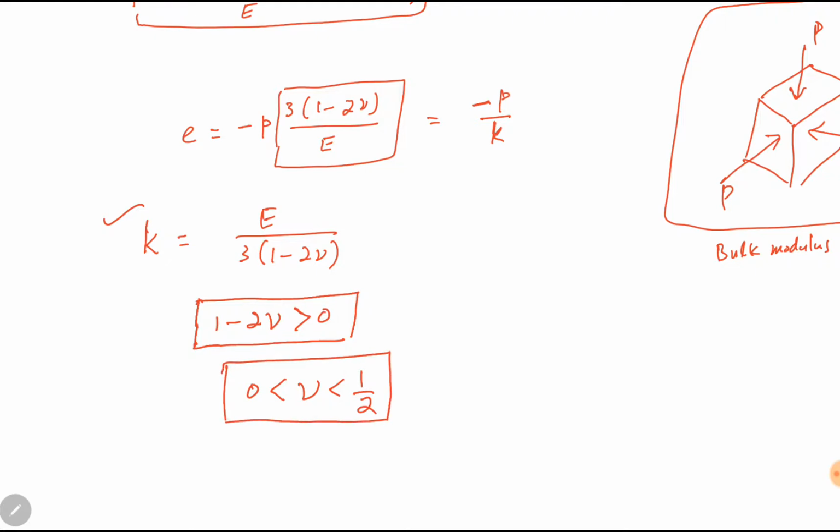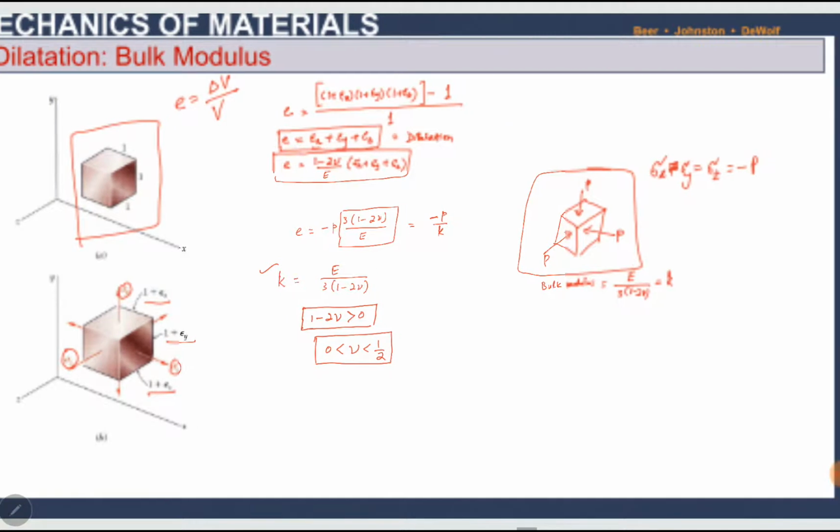So the value of Poisson's ratio cannot exceed 1 by 2 and it cannot be less than 0. Whenever we use Poisson's ratio, you have to keep in mind that Poisson's ratio cannot be more than 0.5 or 1 by 2.